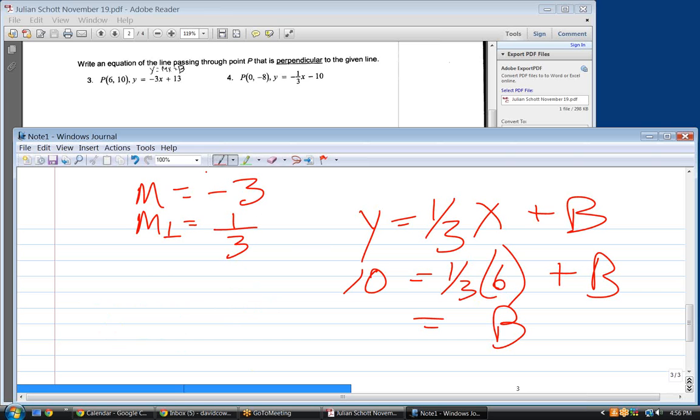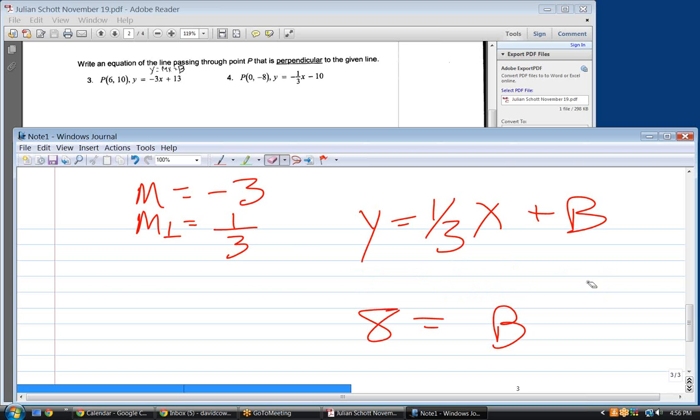So I got 8. So what's the equation we're looking for? Y equals 1/3 x plus 8. In other words, your final equation always has to have both the y and the x. Well, not always.